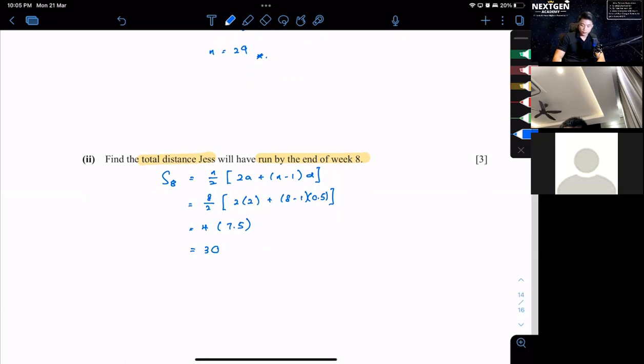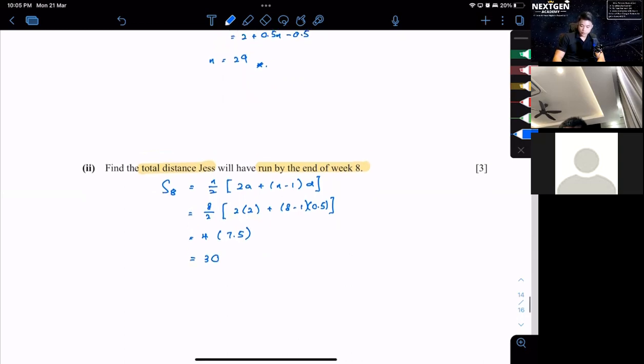Okay, 30 km. But you see, this 30 km is just each day, right? 30 km each day. You want to find the total distance. So you all have to be careful when you calculate this. Okay, this is quite a unique question, because they trick you all a bit.